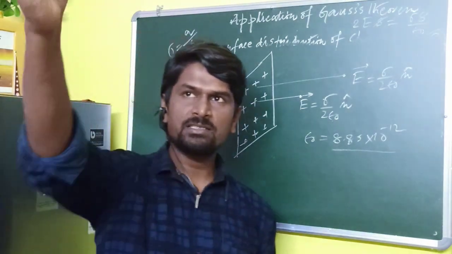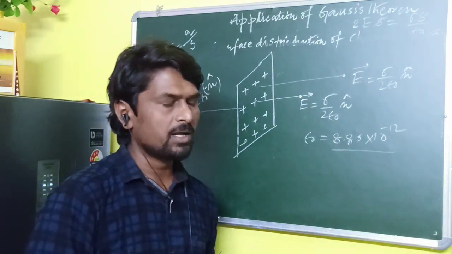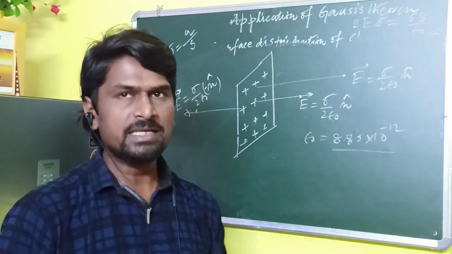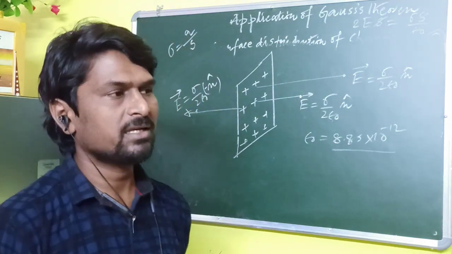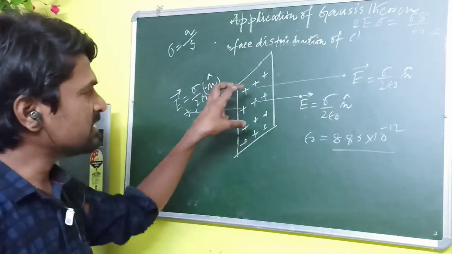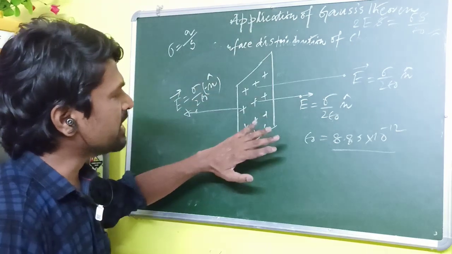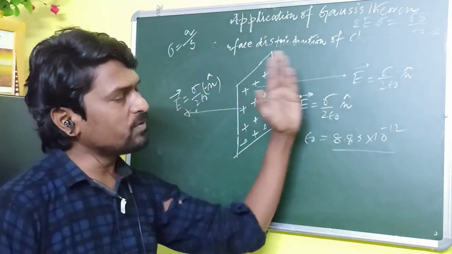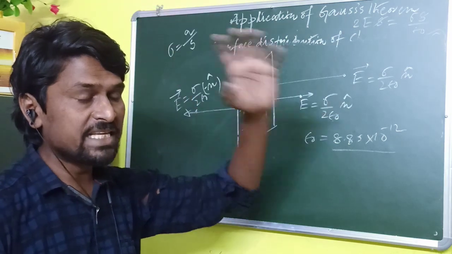Suppose, students, there is a bulb, and if you go away from that particular bulb, and I ask you whether the intensity changes or not, you easily say yes, why not? So again this is a question: the sheet is given here, and if we move away from that particular sheet, does the electric field change or not?